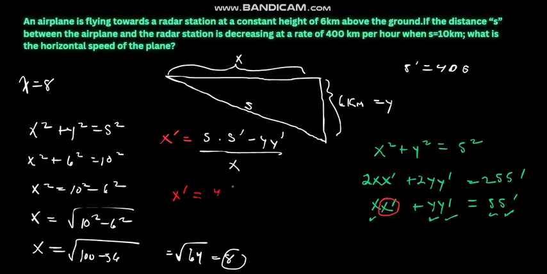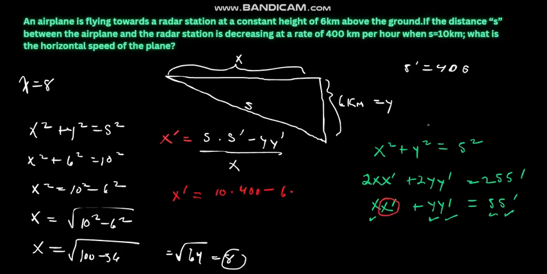10 times 400 kilometers per hour minus 6 times, did we have y prime on this one? Oh! It's constant, right?